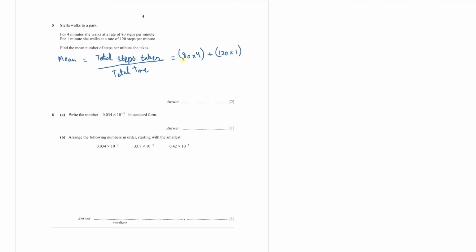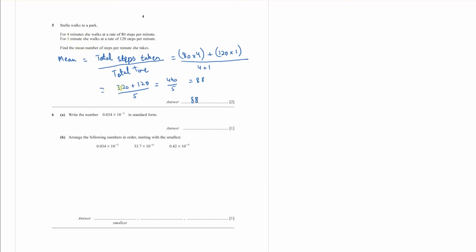This is the number of steps she took in that 1 minute. The total time is 4 minutes plus 1 minute. So 80 times 4 is 320, plus 120 is 440, divided by 5, which equals 88. So your answer would be 88, the mean number of steps per minute that Stella took.